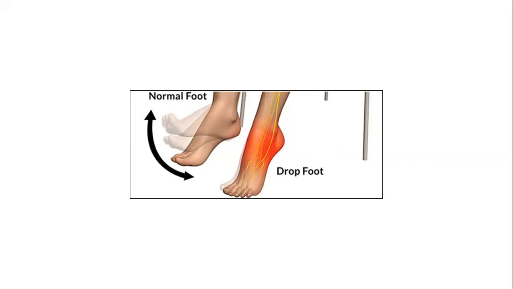Whereas all of the muscles below the knee region, that is of the leg and foot, will be completely paralyzed with no compensation, leading to foot drop. So sciatic nerve damage manifests in foot drop.